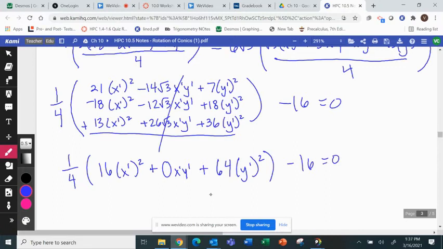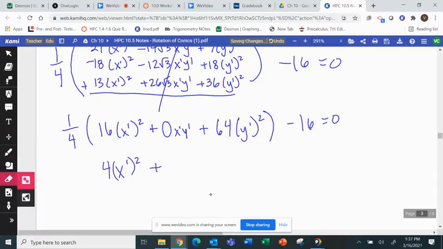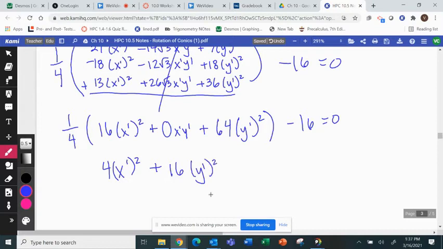So go ahead and distribute that 1/4 back in. So 4x prime squared plus 16 y prime squared minus 16 equals 0. So we want this to be in standard graphing form of an ellipse. Is it? No. What should we do?